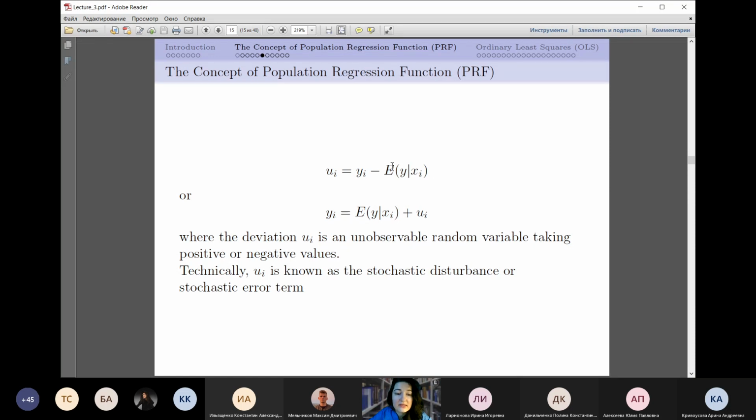We can say that we have a deviation, or our error term, an unobservable random variable that takes positive or negative values. Of course, statistical and econometric relationships among variables deal with random or stochastic variables that have some probability distribution.